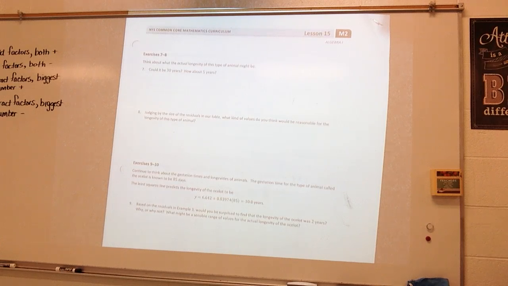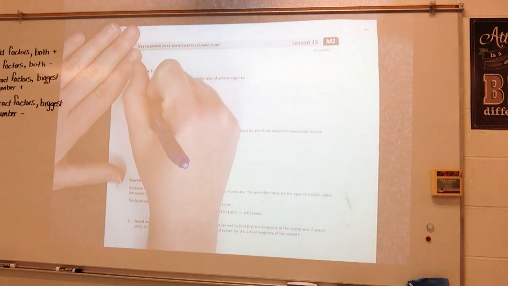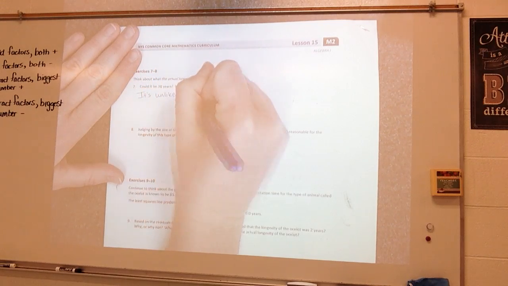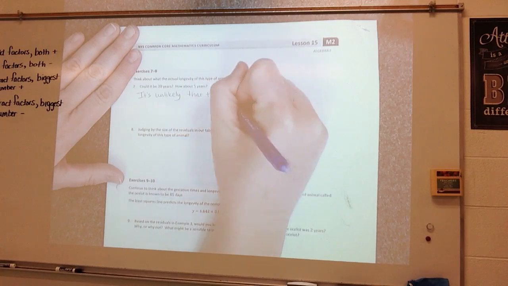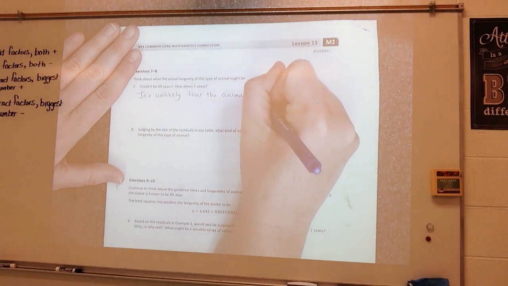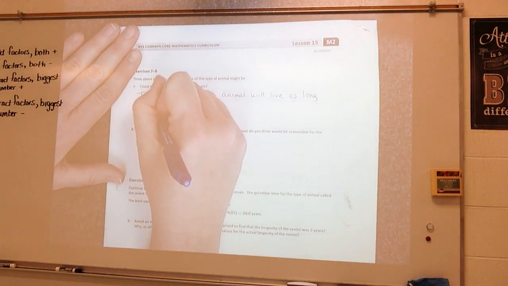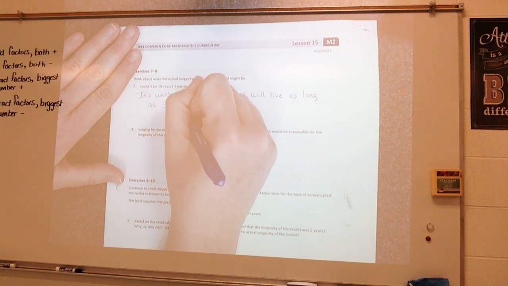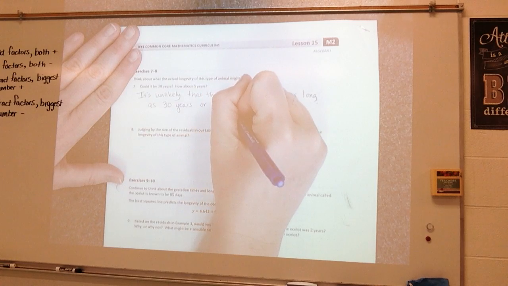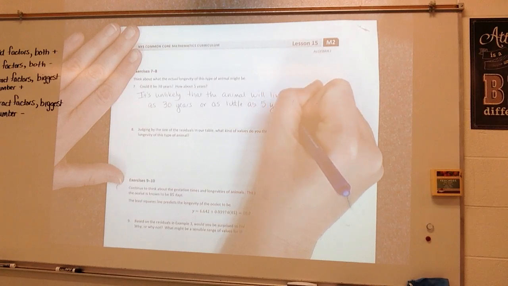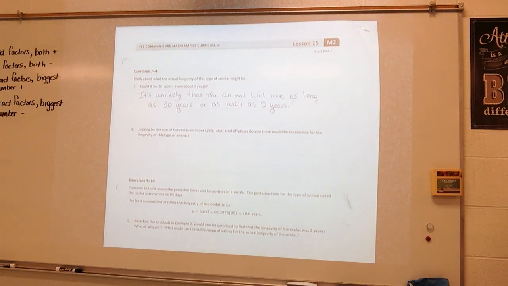Because these values are farther away from the predicted value than the errors given by the residuals on the table. It's unlikely that the animal will live as long as 30 years or as little as 5 years, because of the information on the table.